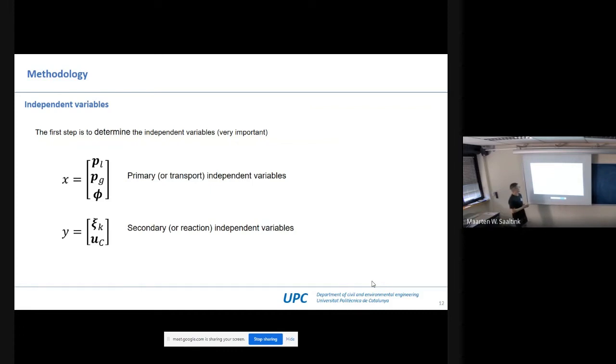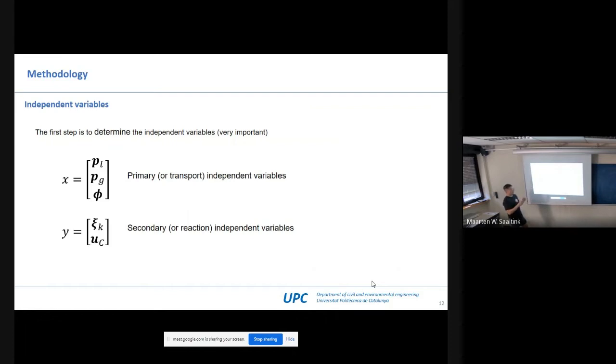I think the most important thing, if we have a very complex system, is to know the independent variables. Once we know the independent variables, we can calculate all the other dependent variables.